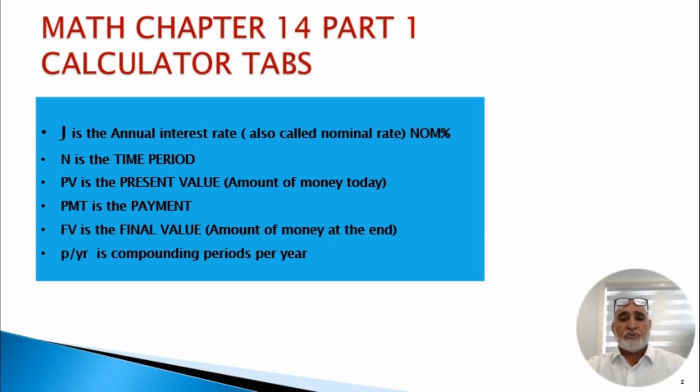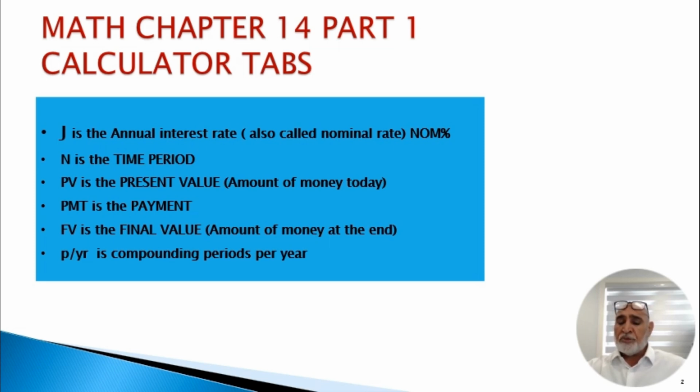In chapter 13, we learned about any type of loan where we wanted to solve for an unknown amount. And remember, if we take a look at the calculator, our variables are N, interest rate per year, which is the same as the nominal rate, present value, payment.